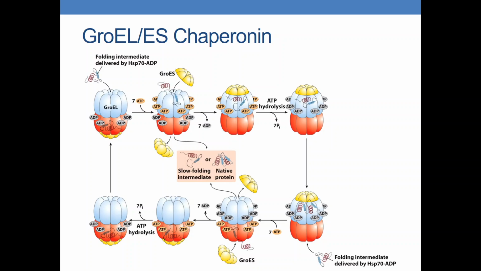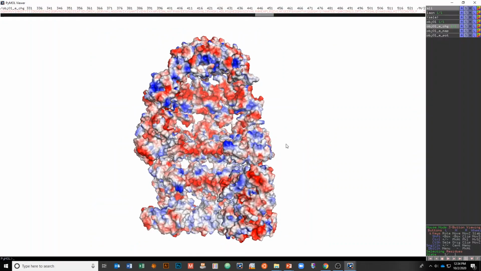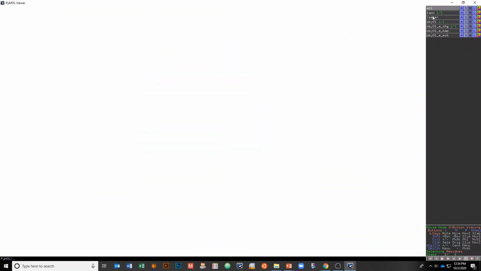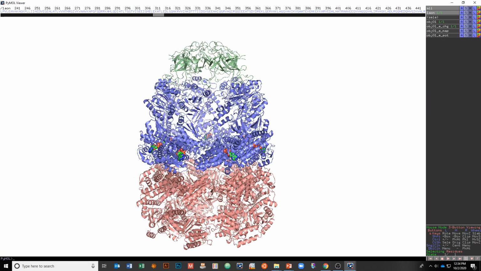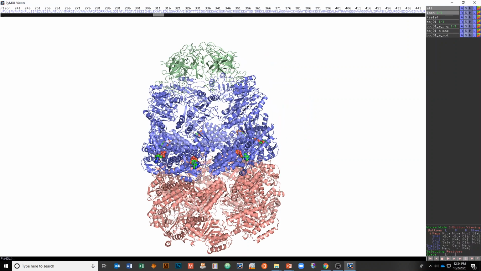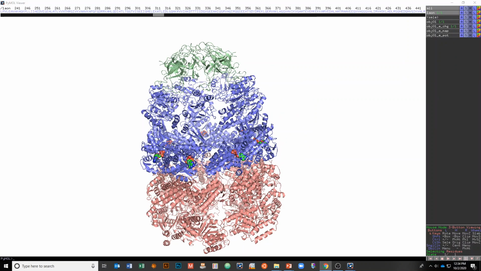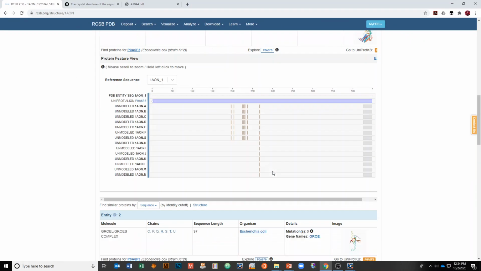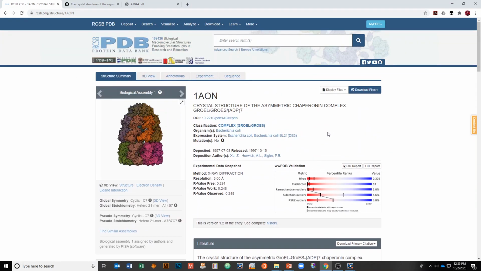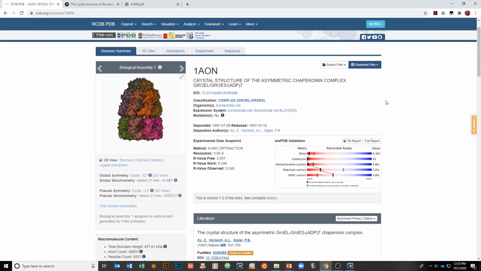Now, for those that are interested in playing around with the structure, let's say that you want to get a feel for what this looks like. You are welcome to go to the Protein Data Bank. You have been introduced to this at this point. If you search for GroEL, you're going to get a ton of hits, and you'll see they are pretty similar. They've been characterized in different combinations of states.